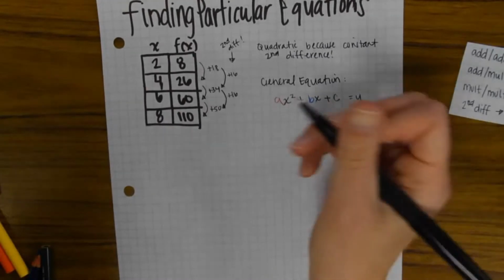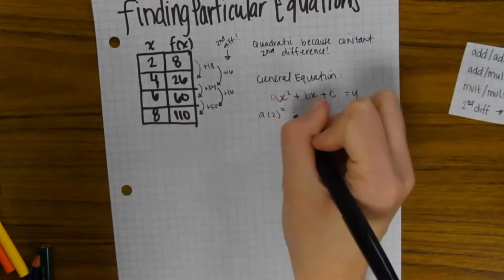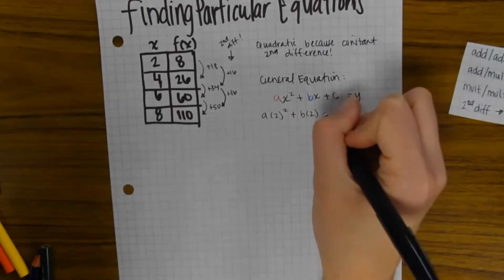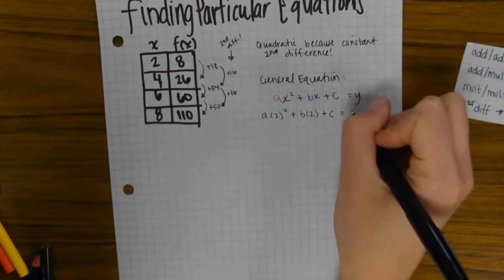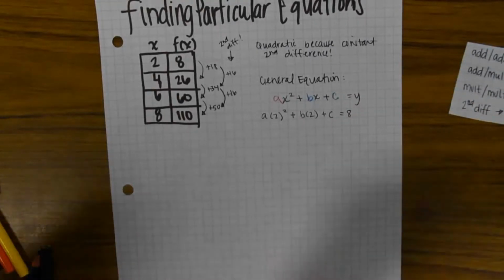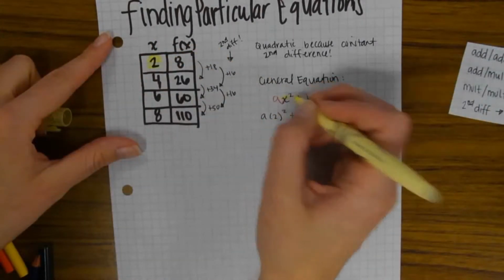Let's take our first ordered pair, and we'd have a times 2 squared plus b times 2 plus c equals 8. What I did there was I took 2 and I plugged it in for all of my x's.